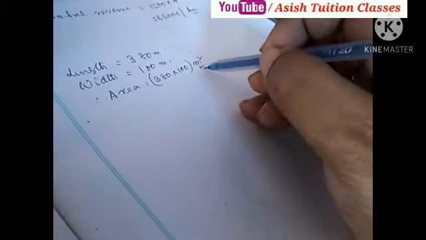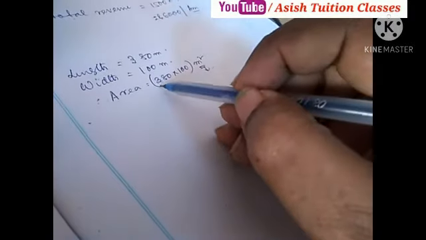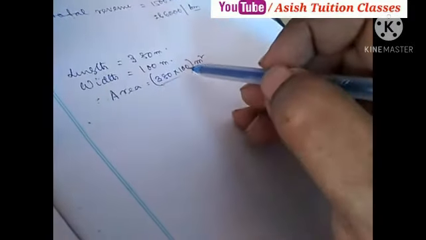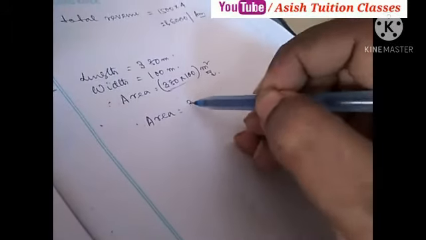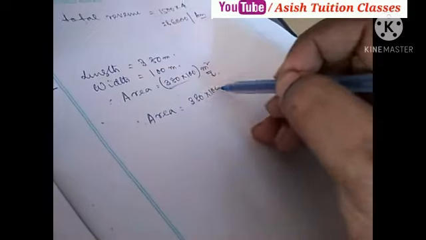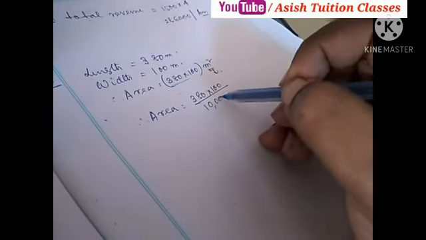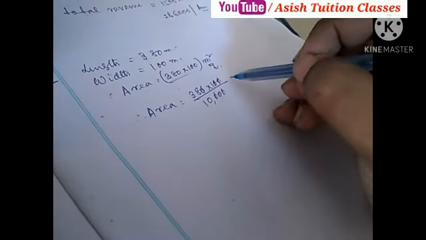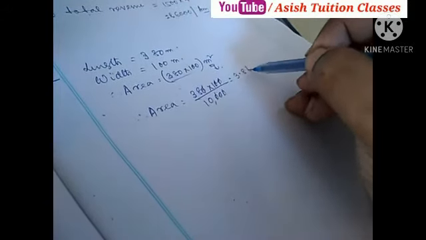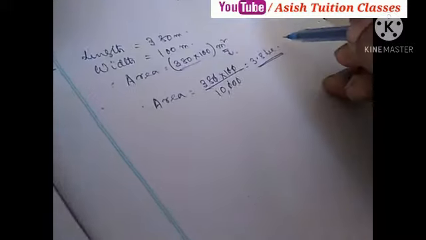This will be converted into hectare. Simply this will be divided by 10,000. Therefore area is equal to 380 into 100 divided by 10,000. This will be 3.8 hectare. Total area 3.8 hectare.